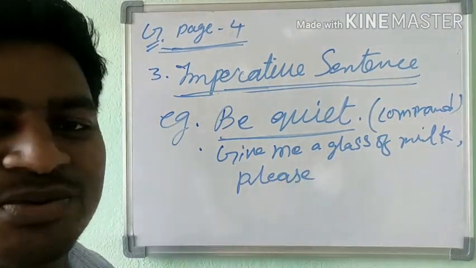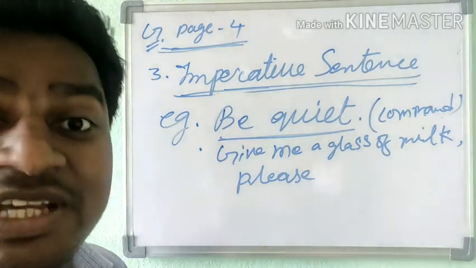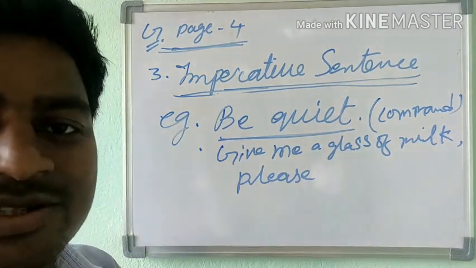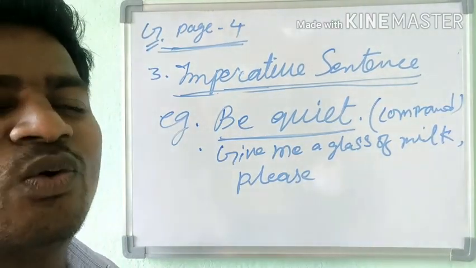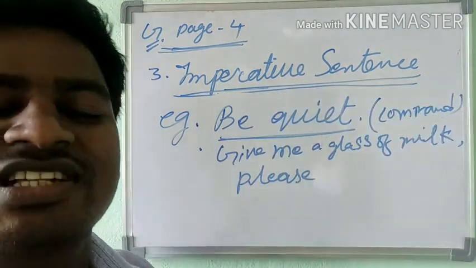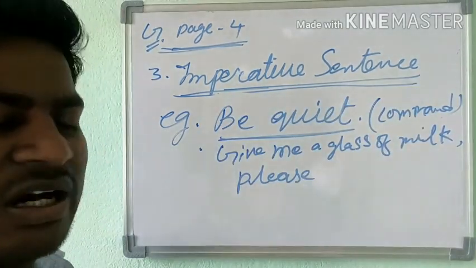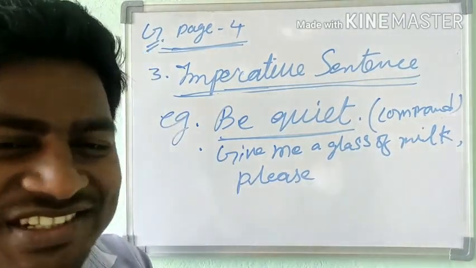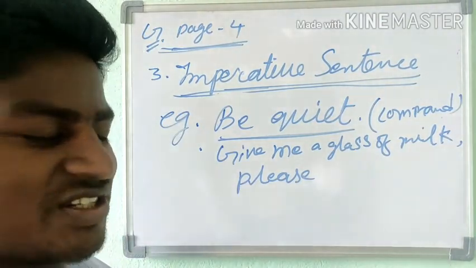Give me a glass of tea, please. Or a cup of tea, please. Or give me a glass of water, please. So all these kinds of sentences are called imperative sentences. Why? Because we are requesting. Give me, please give me. Okay.